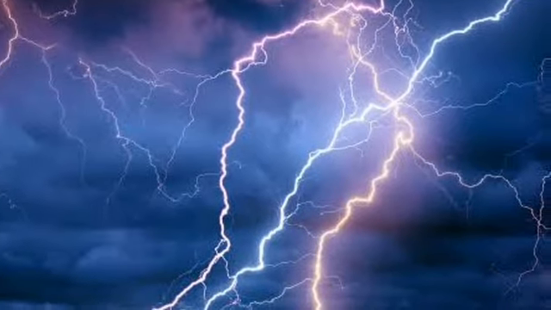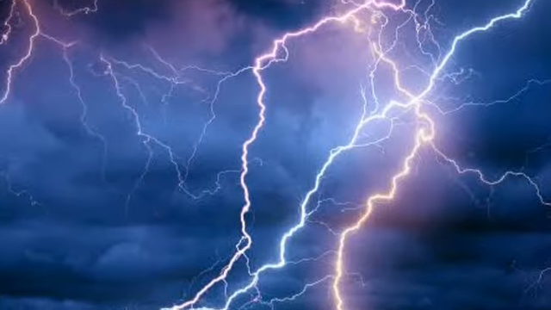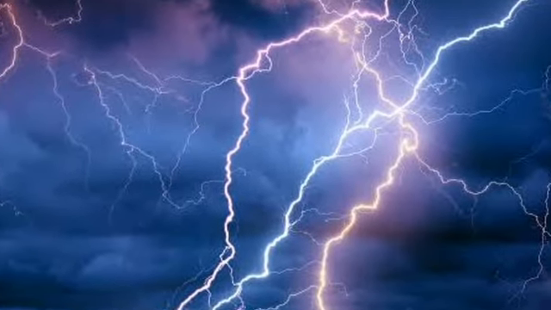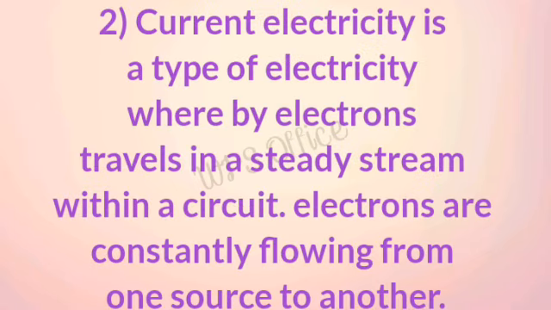As you can see, the picture shows lightning taking place in a particular area. So lightning is an example of static and stored electricity.